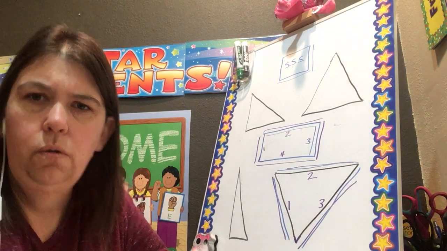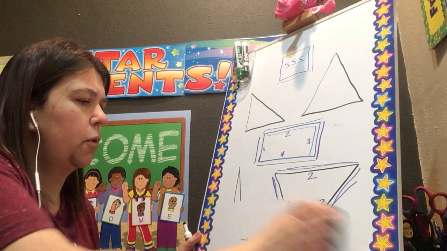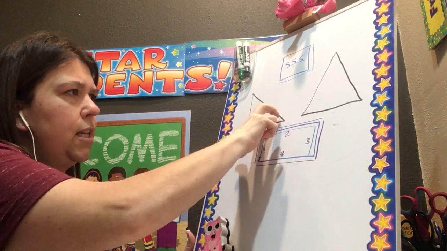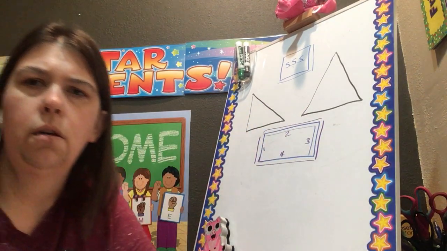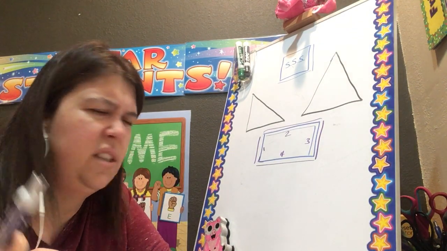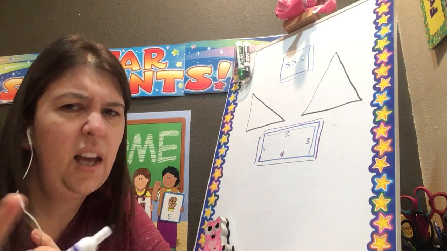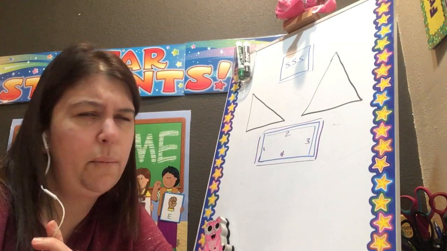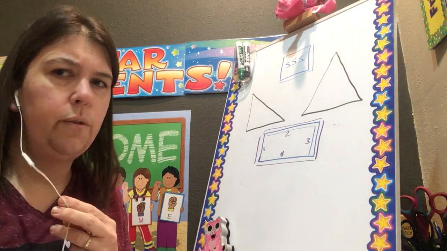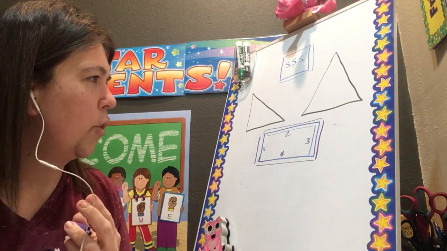Okay, I'm going to erase these so we don't get too confused. I want you to just look at these 2 triangles up here. Do you see any square corners? I mean, this is a triangle. That's not a square. So do you see any square corners? Oh, you do? Where do you see a square corner?